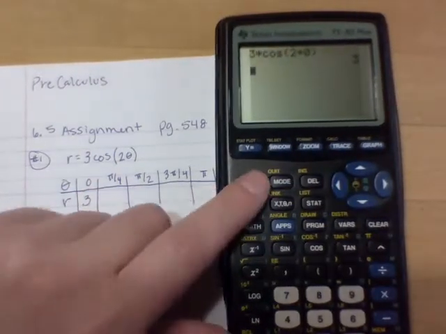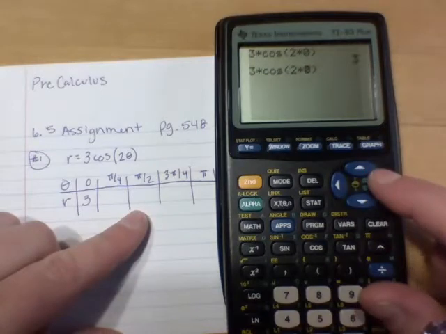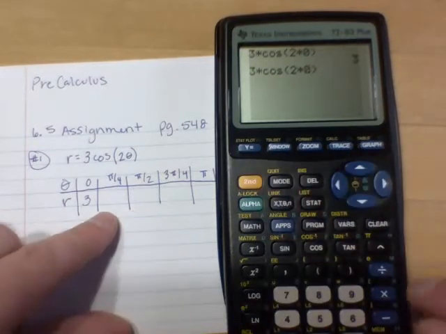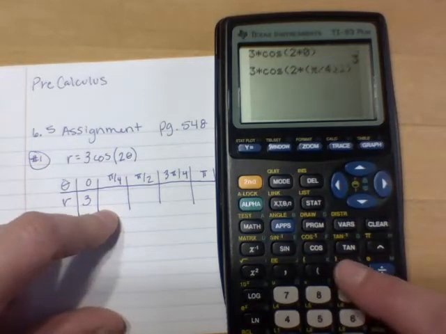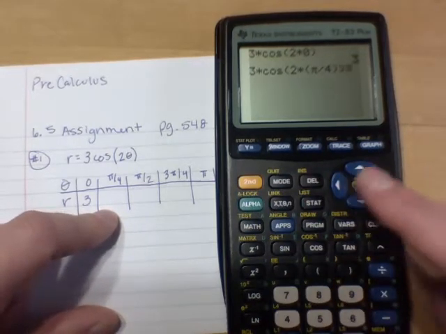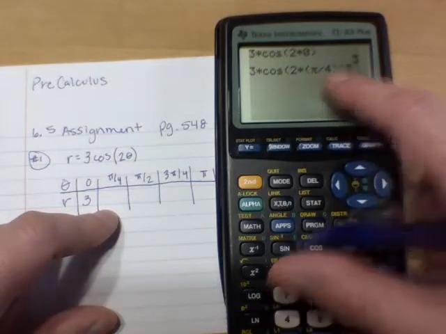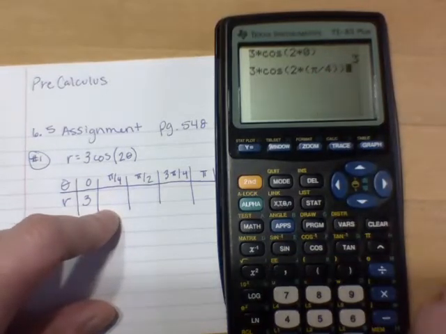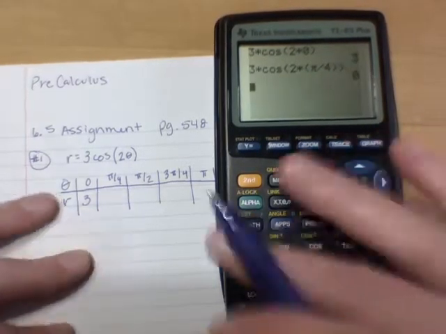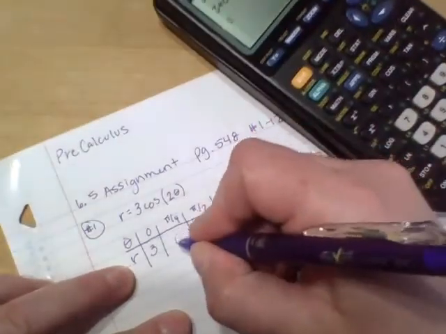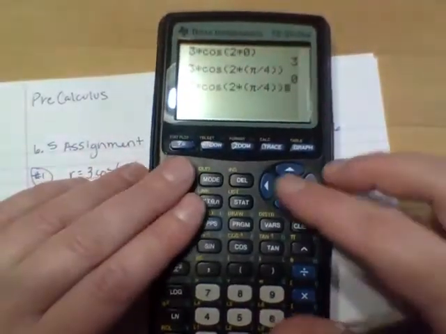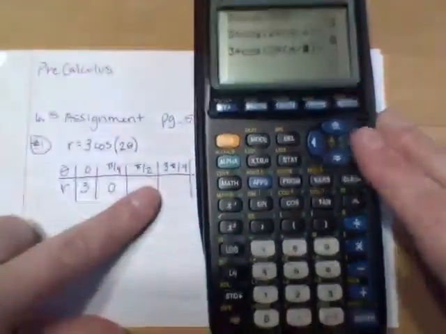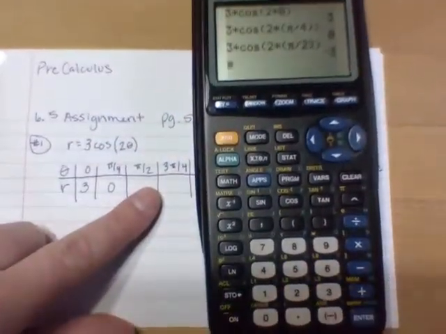Then if we do the next one, the only thing that we're going to change is this 0 here. So instead of that 0, I'm going to put pi over 4. And notice that I did put it in parentheses because it is technically a fraction. So that just saves me some mental ideas that it might not be right. And then pi over 2 is the next one.